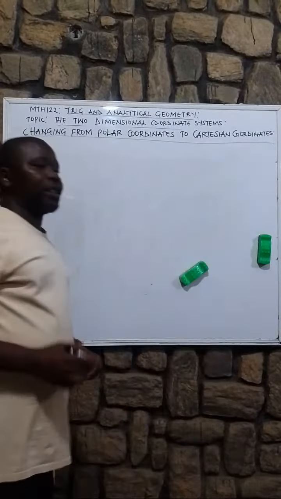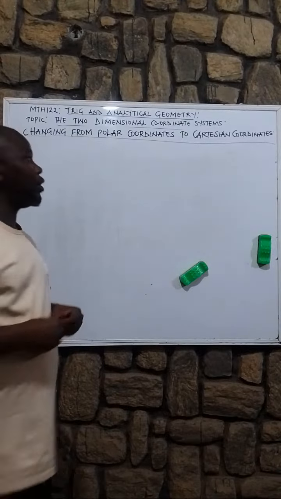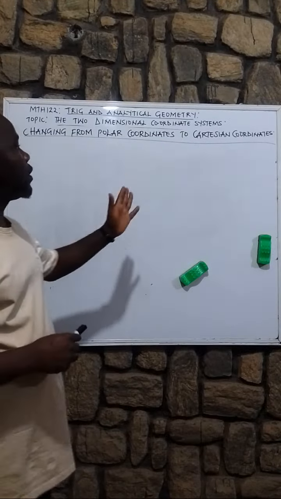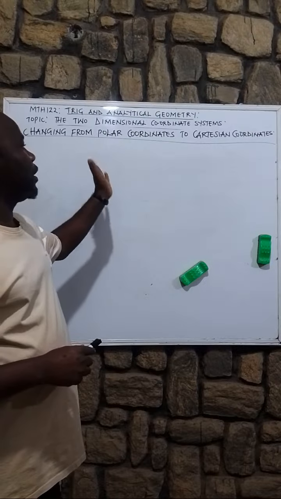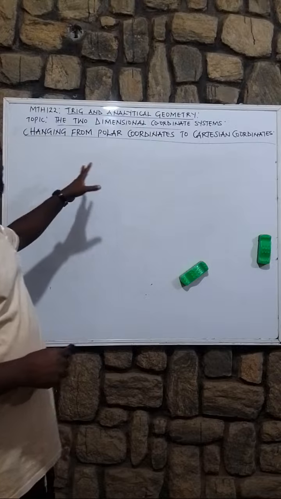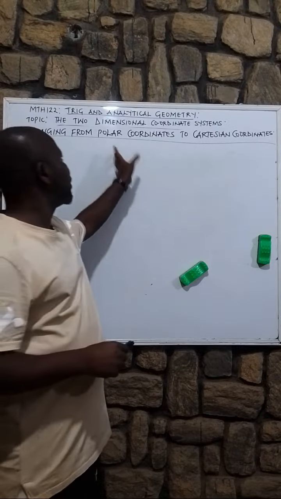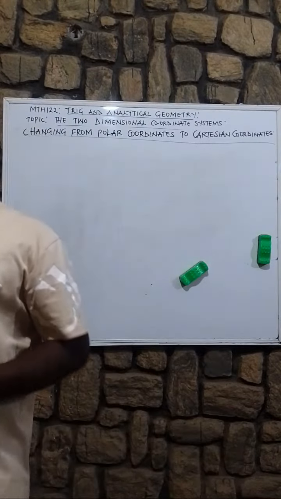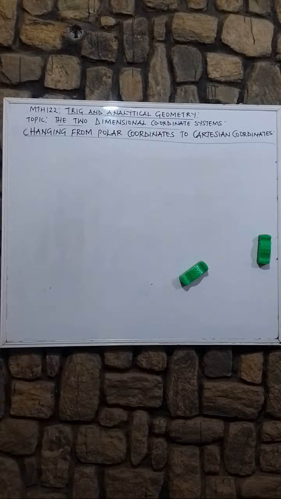Okay, the first example, two examples we have solved. That one is changing from Cartesian coordinates to polar coordinates. And this one I want to look at changing from polar coordinates to Cartesian coordinates. That is what we want to look at. It's simple as ABC. It is not difficult.